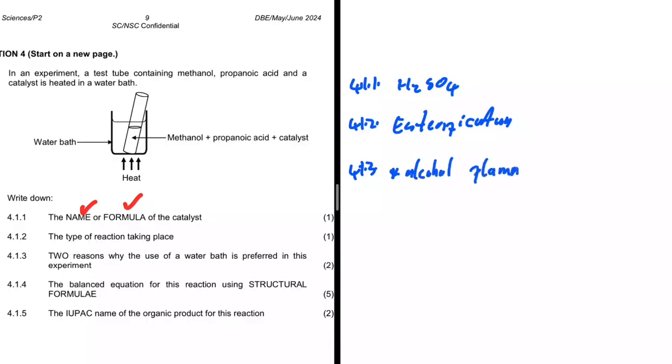So there we go. That is one reason. Alcohol is flammable. So if you put it directly on heat, then it's going to burn, and that's not what we want. So that is one reason why we use a water bath over putting the reactants on heat themselves.